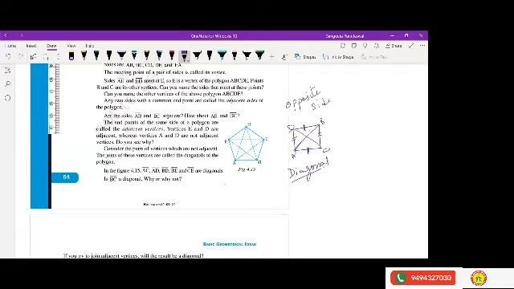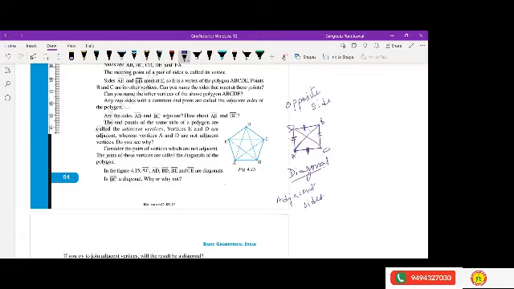And if I have one side this and another side this, what do I call these two sides? I call them adjacent sides. Why do I call them adjacent sides? Because they are sharing a common point. One line is this, another line is this. They are sharing a common point. So we call them adjacent sides.